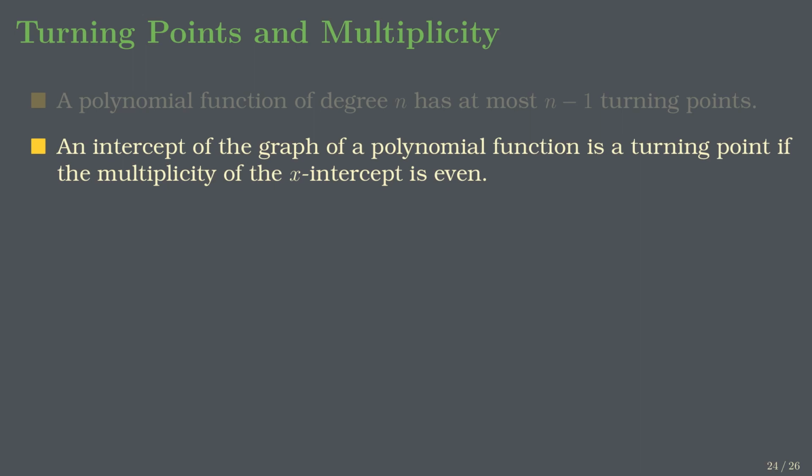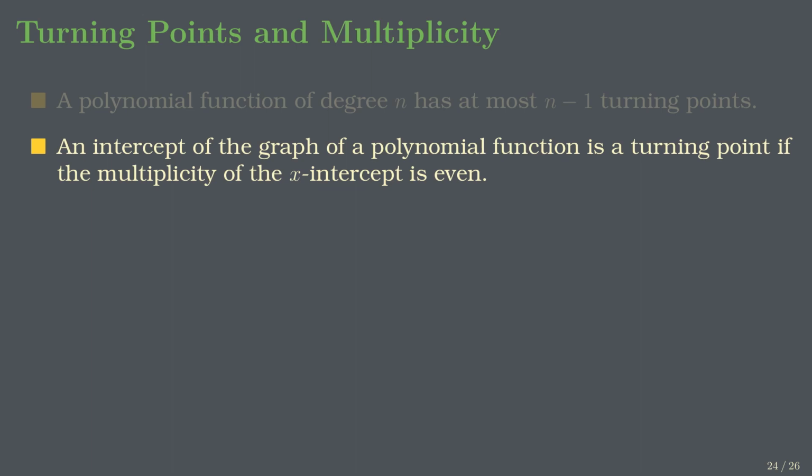The next thing is the behavior of the graph at a turning point with respect to the multiplicity of the zero. Now, an x-intercept is actually a turning point of the graph if the multiplicity of the corresponding zero is even.